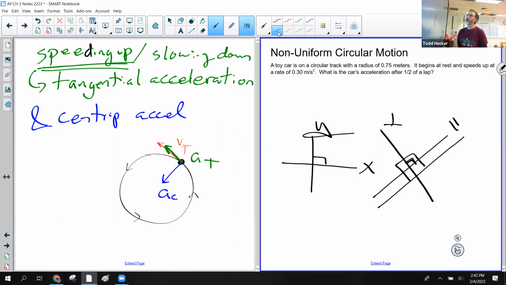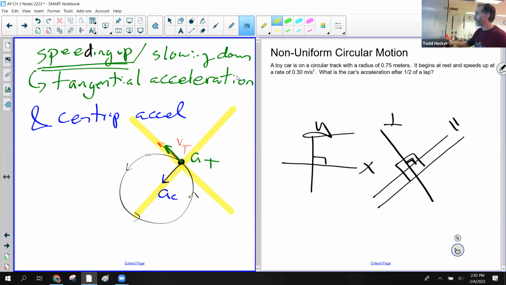All right. When you have an object undergoing non-uniform circular motion, then your choice of axes is going to be centripetal, tangential. So you're going to have a centripetal axis and a tangential axis.